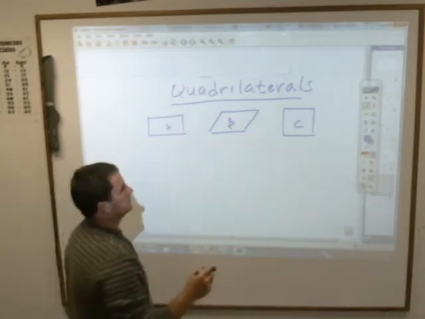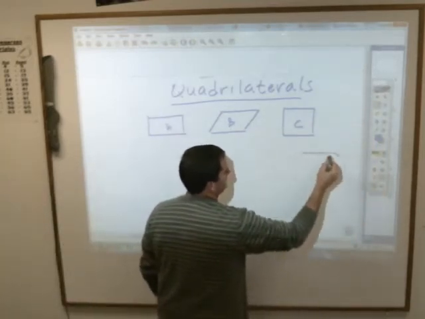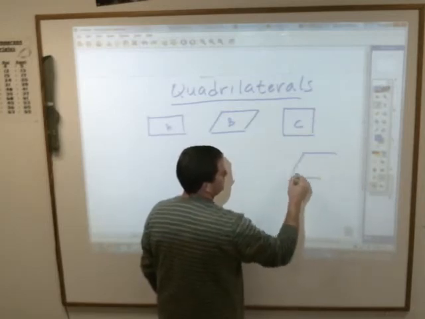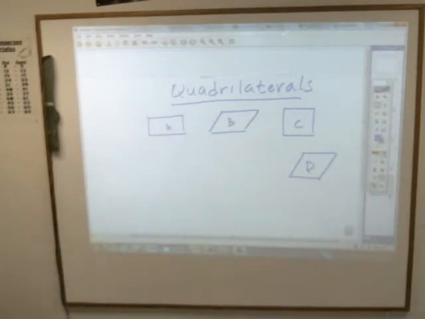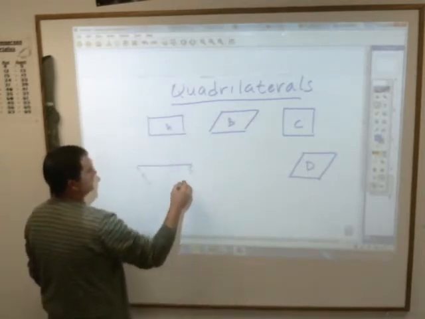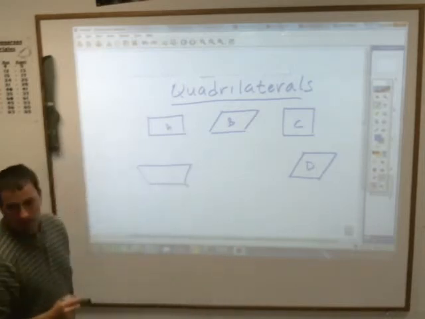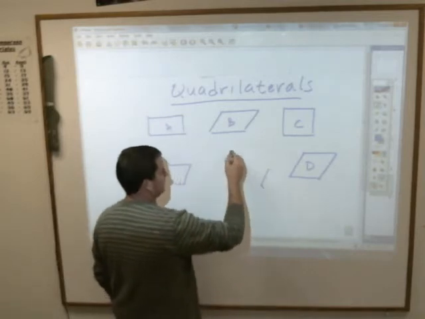D looked like the same square, except kind of. I guess I'll draw it down here. E looked like this. And F was a goofy looking shape like this.